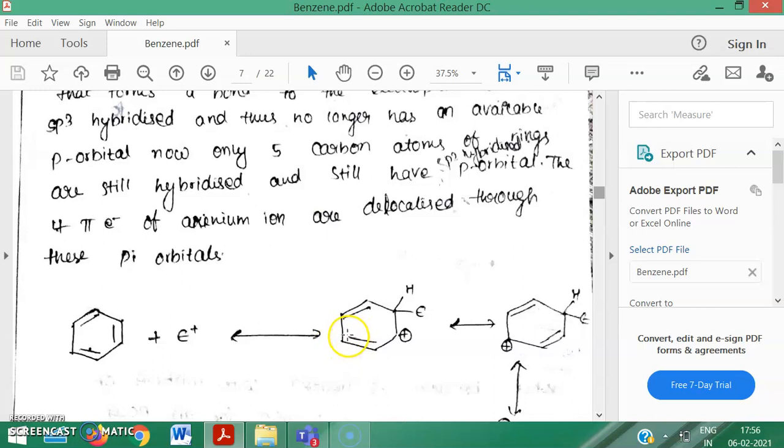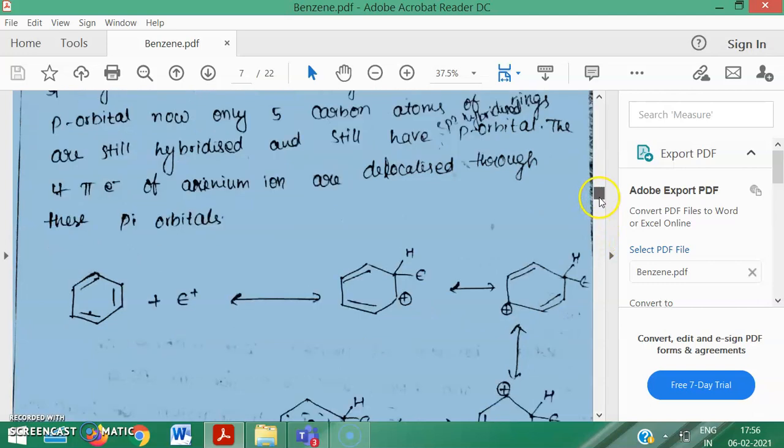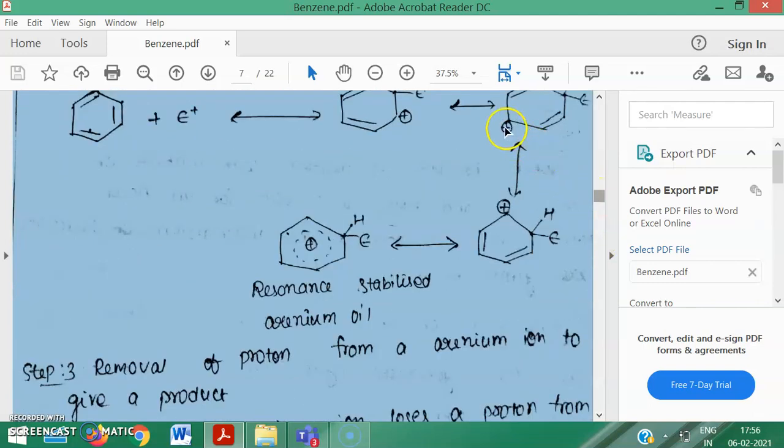This electron is taken by this carbon and given to this one, and now it is getting the positive charge. In the same manner, again this carbon takes an electron from the side carbon and gives it to this carbon, and here it gets the positive charge. So this arenium ion also undergoes delocalization. This is the resonance stabilized arenium ion.